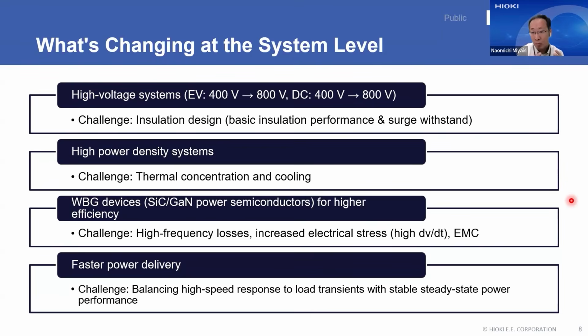So the requirements placed on power transmission circuits and the power supply systems are changing dramatically, and the performance expected from the components used in those systems is changing right along with them. So in the next slide, I'll show you the actual power transmission circuits and the key components that are used in those circuits.